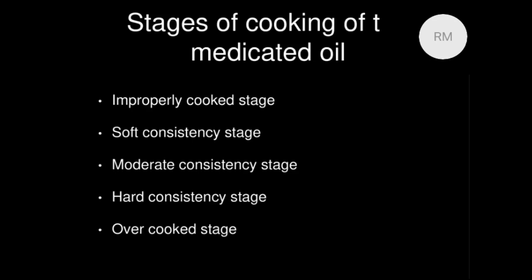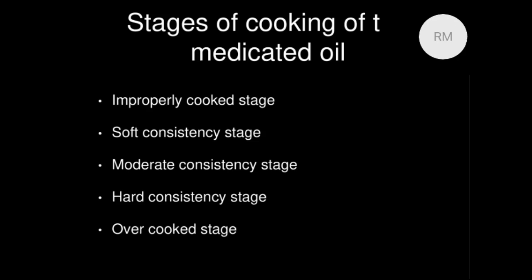We tend to either improperly cook it, taking it before the cooking is complete, or it gets overcooked. So the real challenge is to maintain that consistency, and the consistencies we can use are only the soft, moderate, and hard consistency.